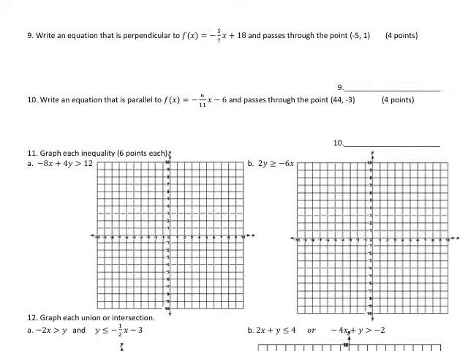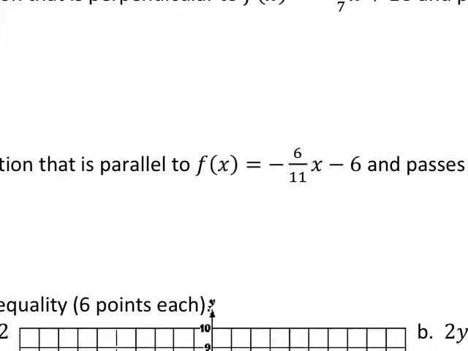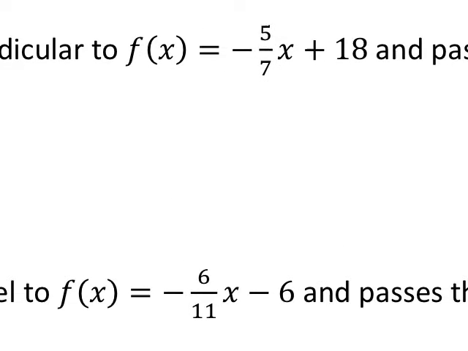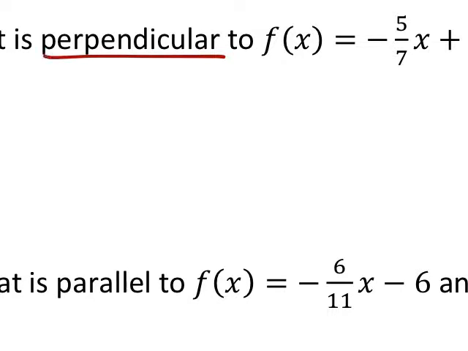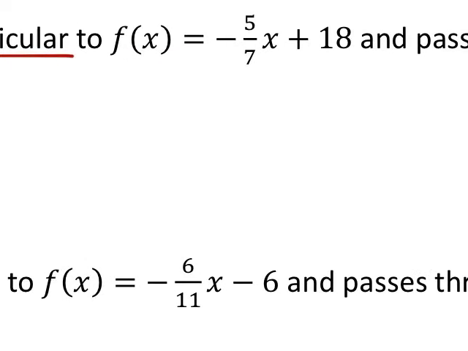Alright, number 9, write an equation that is perpendicular to f of x equals negative 5/7 x plus 18 and passes through this point. Alright, so we can use point-slope form. We'll know what the slope is just because of the equation though, okay? So let's look at this. Again, we want this to be perpendicular to this equation.